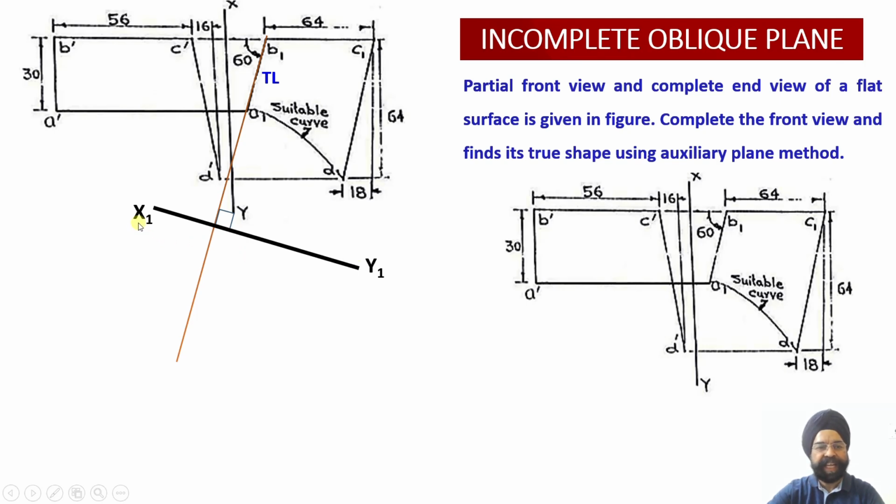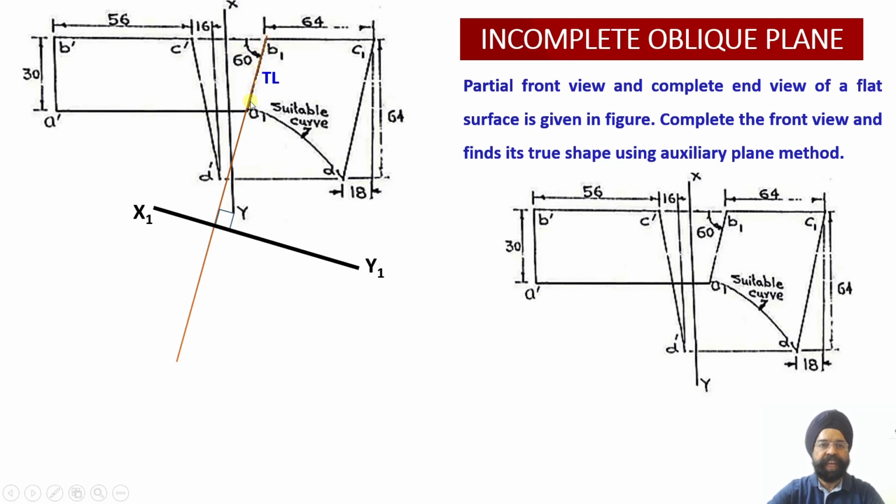So AVP X1 Y1 has been drawn perpendicular to the true length which has been projected and extended. So this was my true length. Why was this the true length? Because A dash B dash happened to be parallel to XY. So using the rotation of line method, the basic principles of projections of line, this view, that is A1 B1, gives me the true length of the edge AB of this lamina.